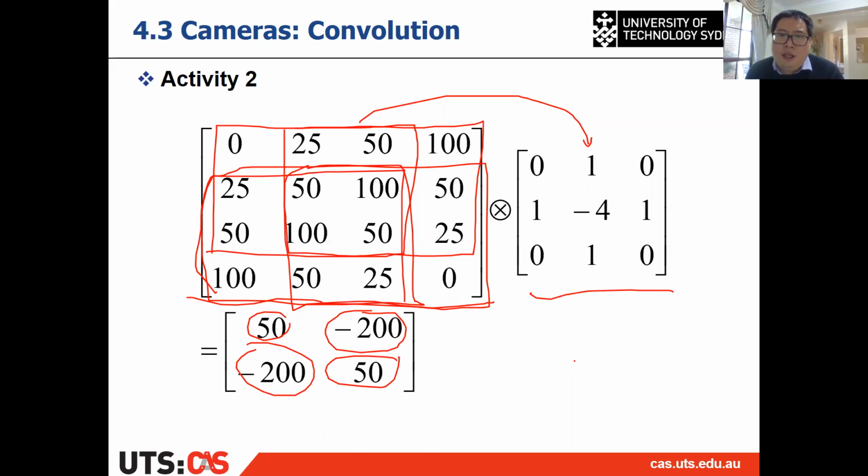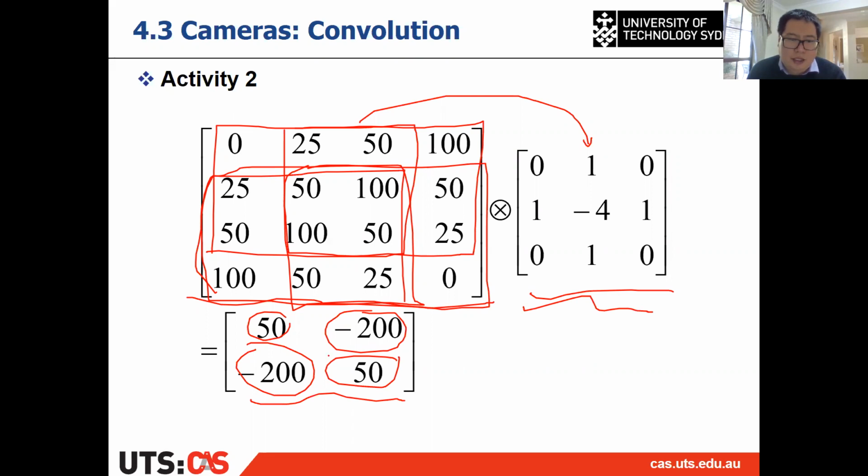And also, by applying different kernel matrices, you will have different pre-processed images that you can use. For example, for blurring, you can use a Gaussian kernel, and you can use an edge kernel to detect the edges from the image as well. This is a typical edge kernel which can enhance the edge, which you can see here.